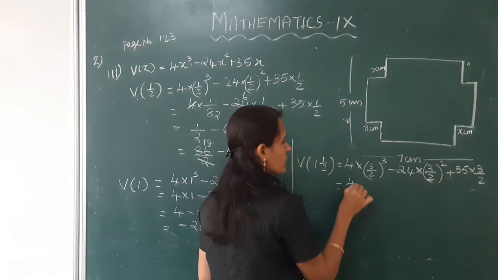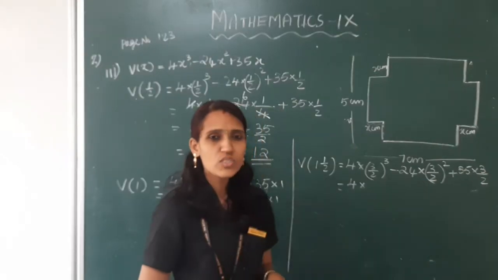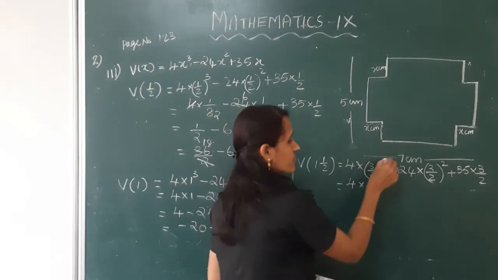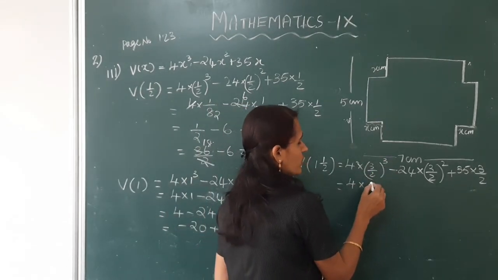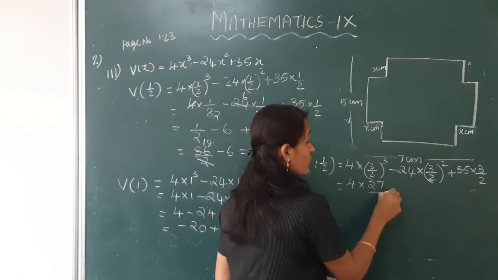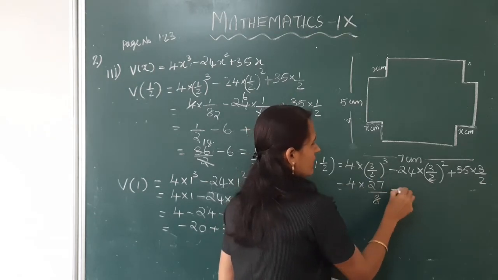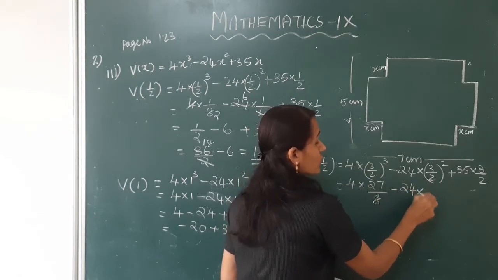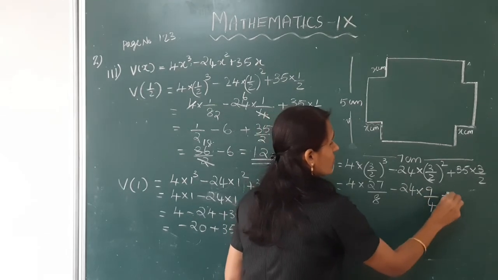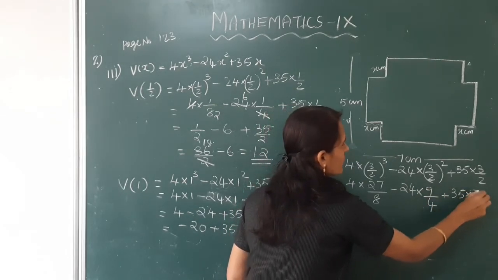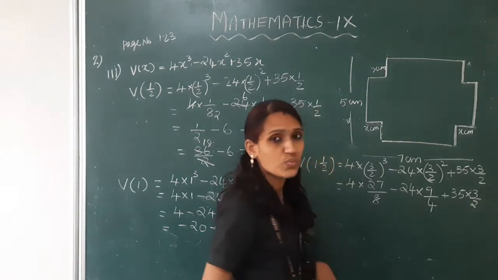This is equal to 4 into numerator square by denominator square, 3 cube. 3 cube is 27 by 8 minus 24 into 9 by 4 plus 35 into 3 by 2.